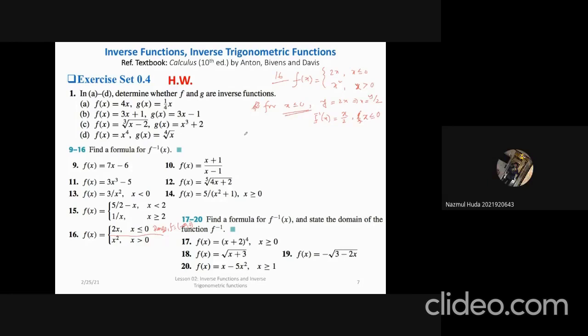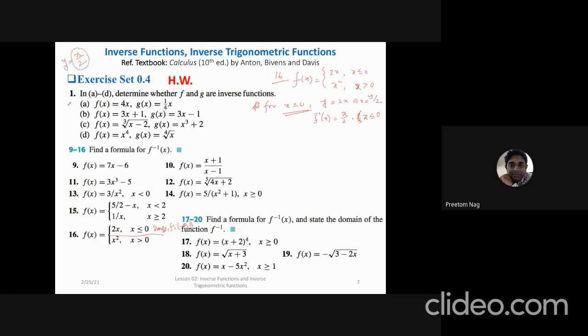That means the range of the original function f will be the domain of the inverse function, according to the concept. Now if you consider y equals x by 2 normally, what is its domain?